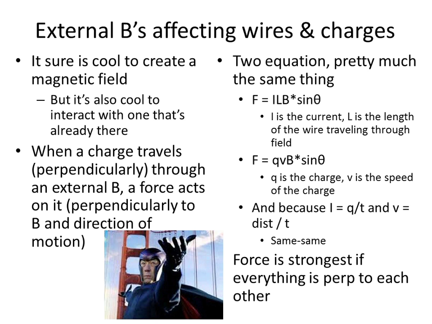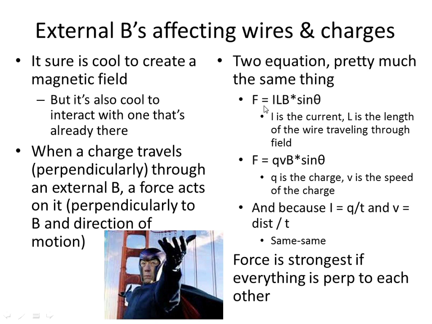In some orientations, they might cause motion this way. Some orientations, they might try to push away from each other. Some orientations, they won't even interact with each other. Remember that whole perpendicular thing. Okay? There's two equations for magnetic force, and they're actually very similar to each other.